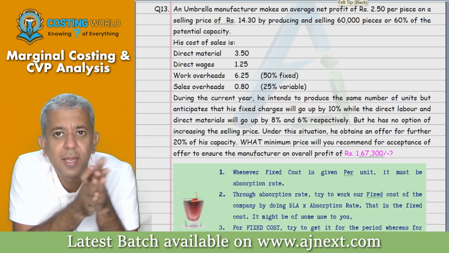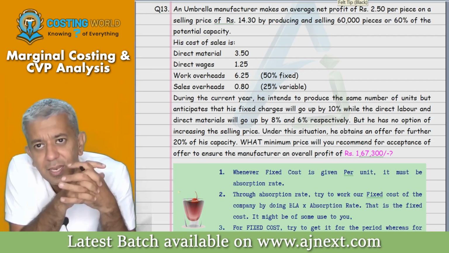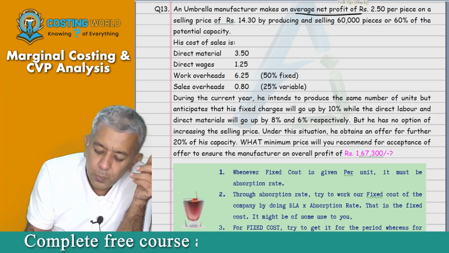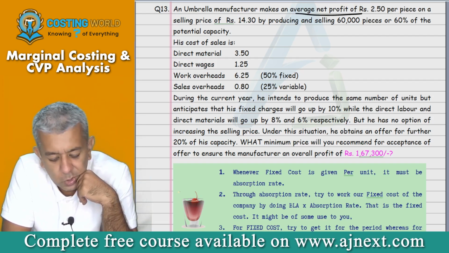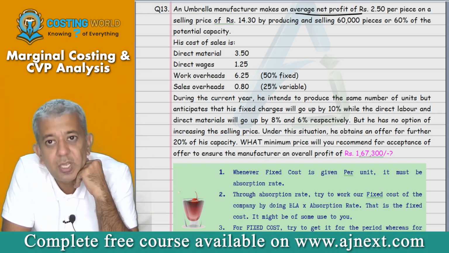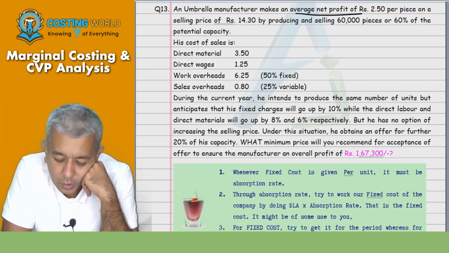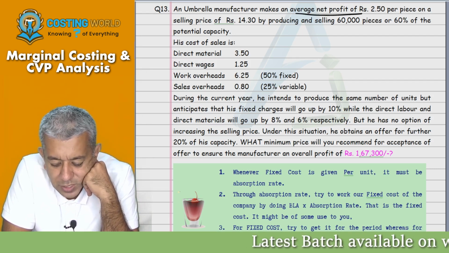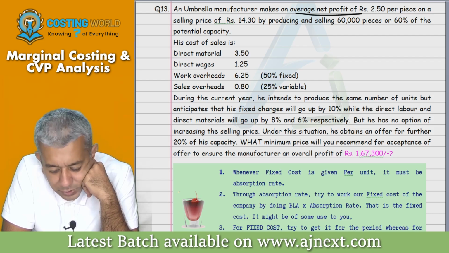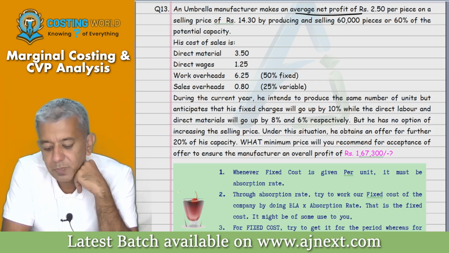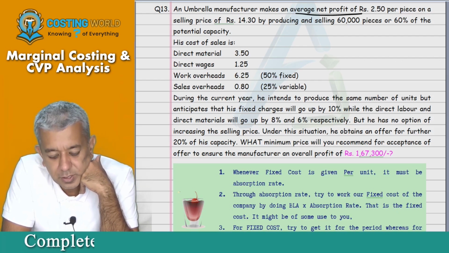Question number 13. An umbrella manufacturer makes an average profit of 2.5 per piece on a selling price of 14.30, by producing and selling 60,000 pieces or 60% of potential capacity.